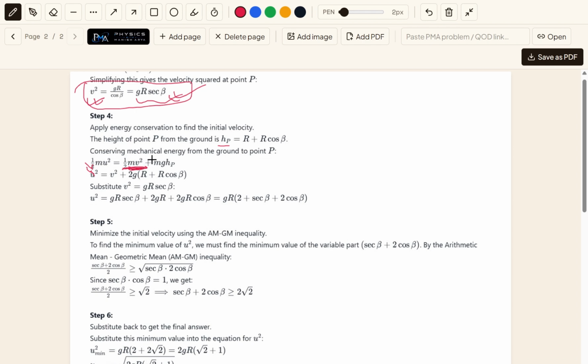V. So half m v squared kinetic energy plus the potential energy mgh, where h is R plus R cos beta, right? So from here, you will get U squared is equal to V squared plus 2g into R plus R cos beta. Simplify that. So U squared you are getting is equal to GR into 2 plus sec beta plus 2 cos beta, right?